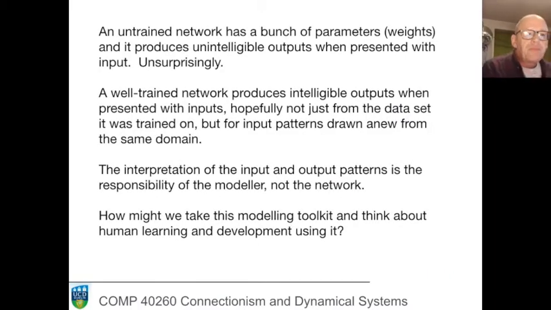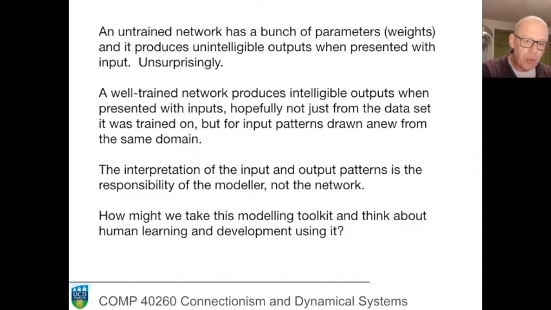Now, an untrained network, a network that we have yet to adjust the weights on, has a whole bunch of random weights, and so when we present it with any inputs, the outputs it produces bear a random relation to those inputs. After training, we presume that the training process has adjusted those weights such that the outputs now bear a meaningful relationship to the inputs.